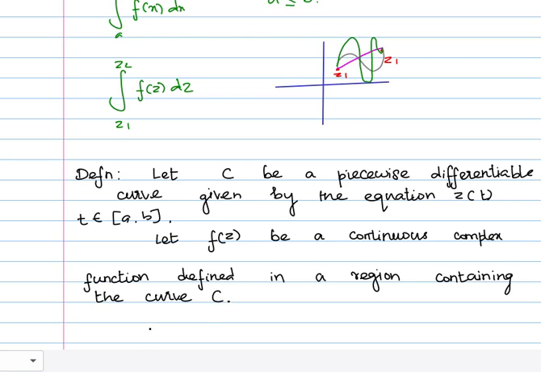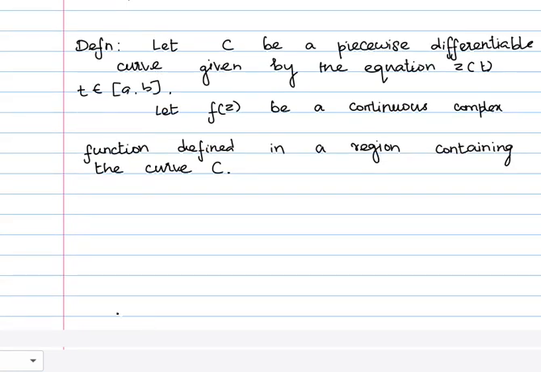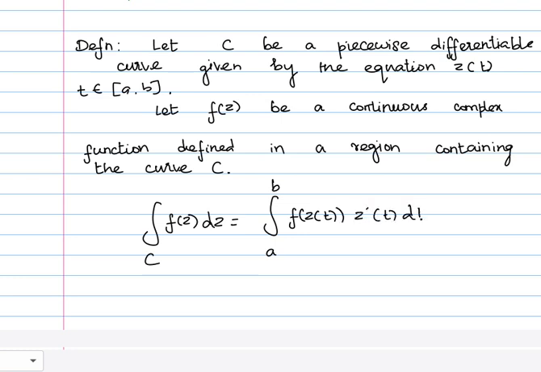Then we define the integral over the curve C of f of z dz equal to, converting to a real value type integral, the integral from a to b of f of z of t times z prime of t dt.